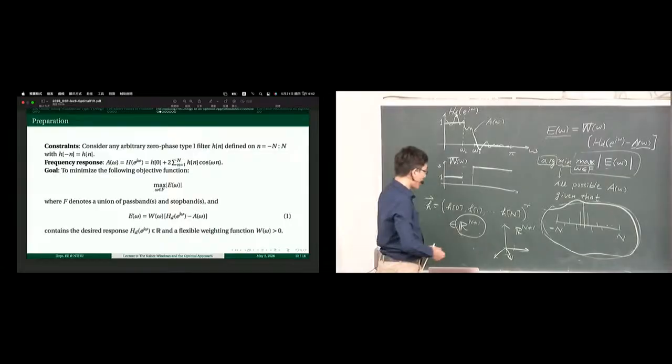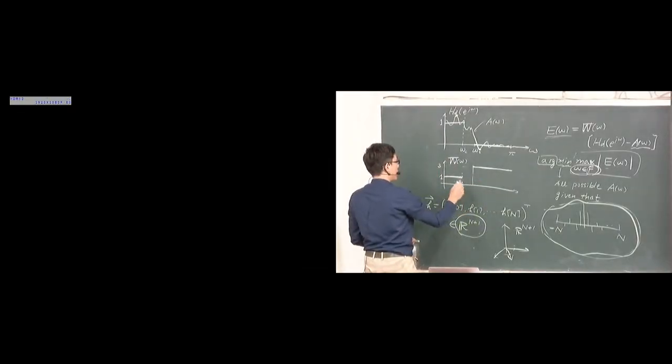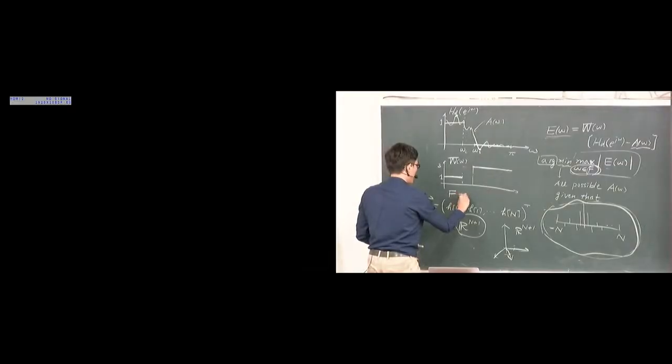Okay, so let me elaborate. Here we need to specify what we mean by F. Let me give you a further definition. Here, F is the union of pass band and stop band. Okay, let's be more precise about this. F equals, we either consider 0 to the cutoff frequency, that's the pass band, and the stop band.